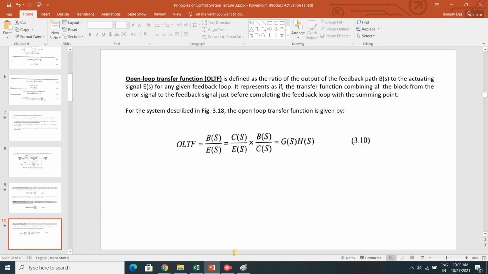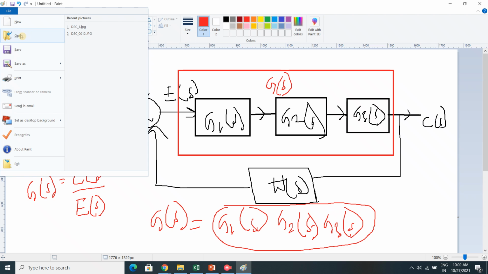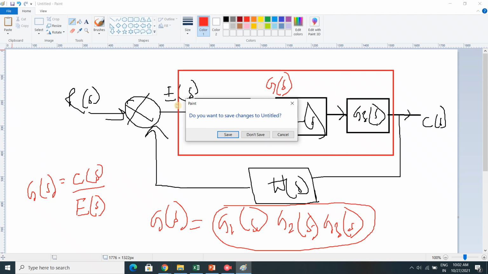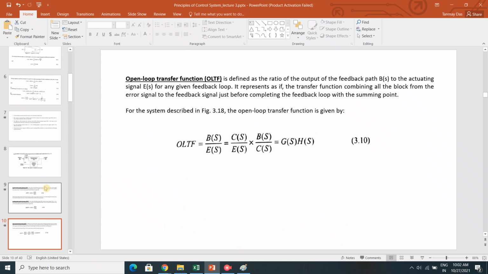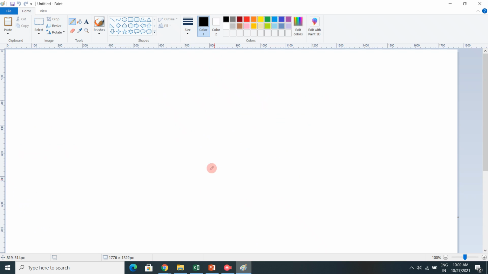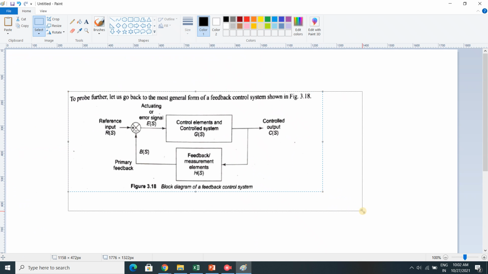Why? Suppose I copy this particular figure over here.